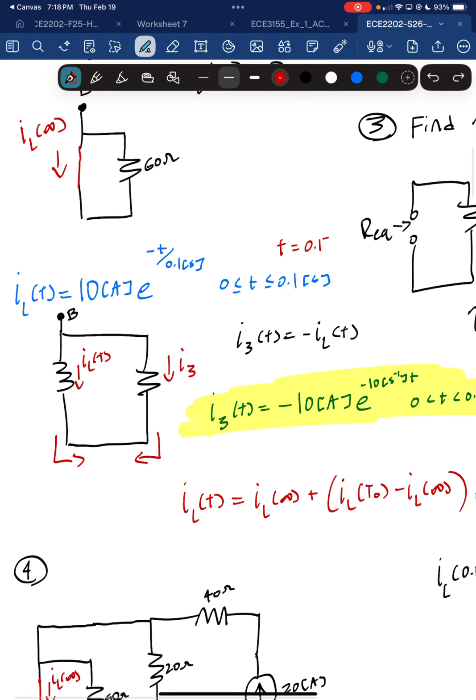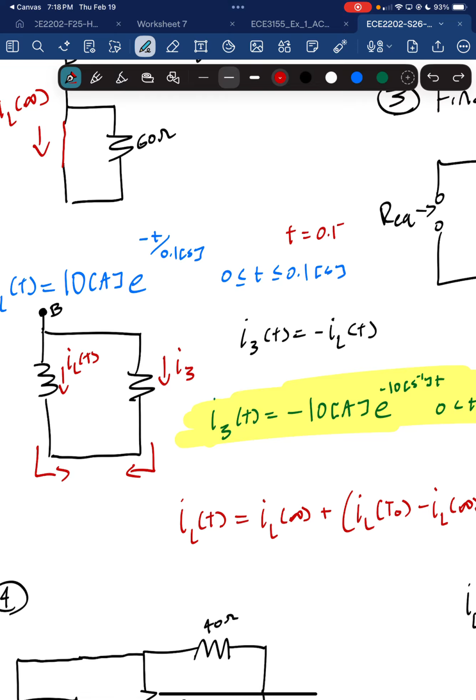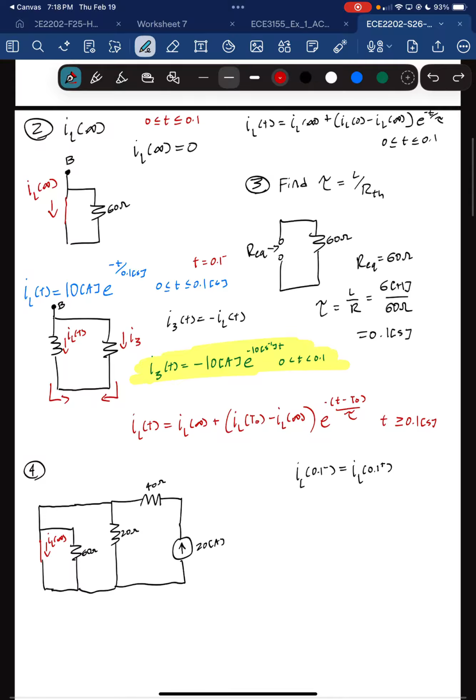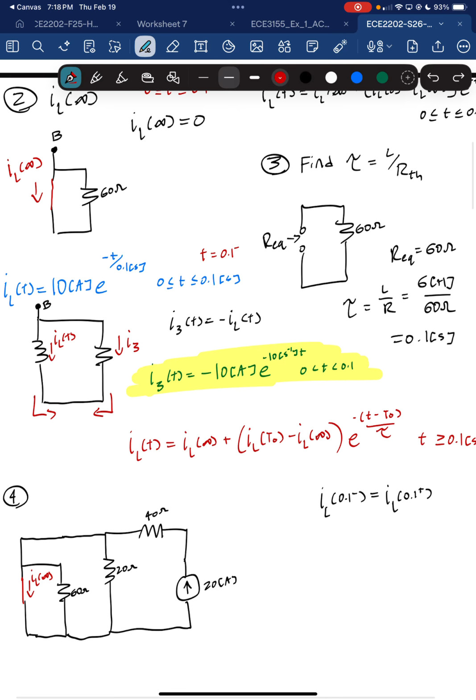And notice how I put less than or equal to. That's because whatever value we get for IL of 0.1 holds true at 0.1. It's inclusive of 0.1. So that's the theory behind it. In simpler terms, whenever you have multiple switching events, you always use your first equation to find the initial condition of your second. Always.